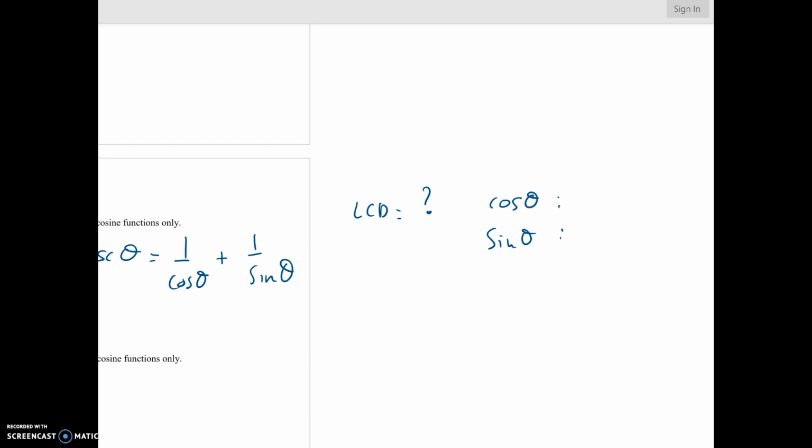Well, in that case, cosine theta is going to stay cosine theta and sine theta is going to stay sine theta. The LCD is the multiplication of each factor with the highest power. Obviously, in that case, the LCD is going to be factor sine theta multiplied by factor cosine theta.